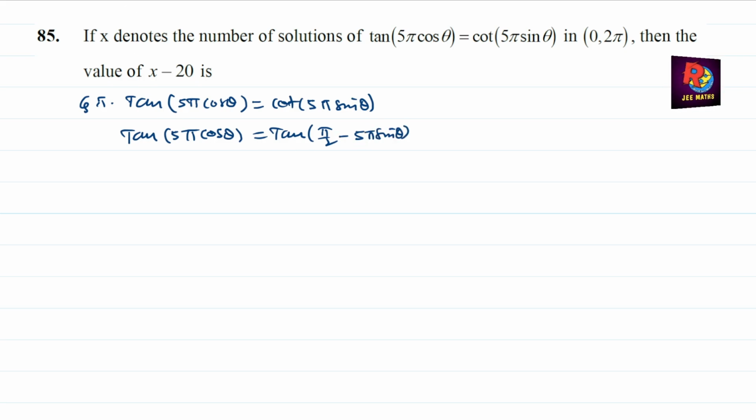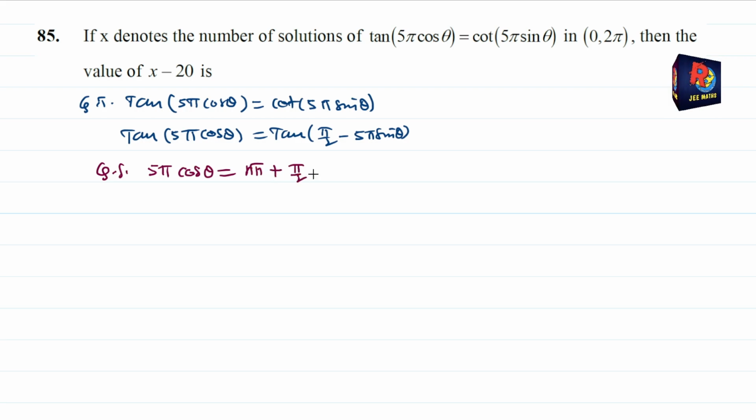If tan theta equals tan alpha, then the general solution is n pi plus alpha.